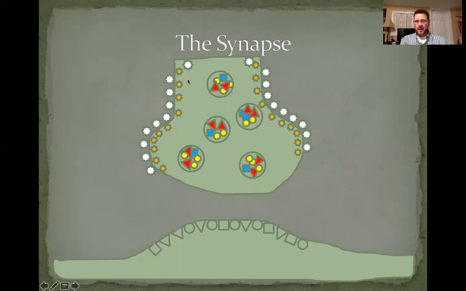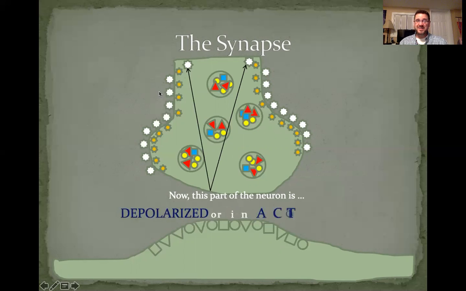If this neuron is stimulated to its threshold, then the sodium ions are going to move inside the cell membrane, okay? At the sodium-potassium pump, the sodium is going to move in, and now that part of the neuron is depolarized.